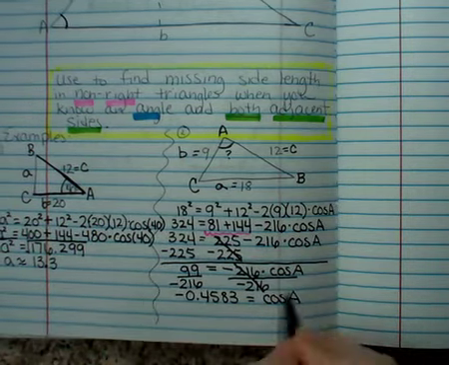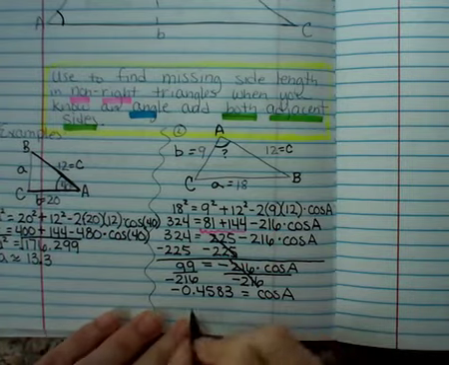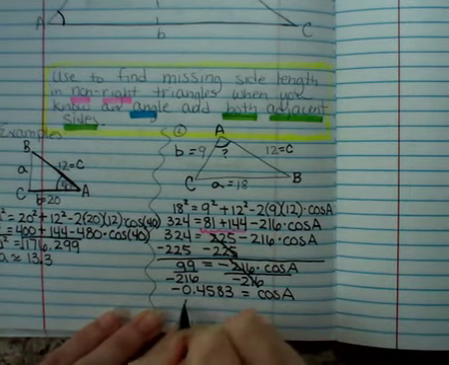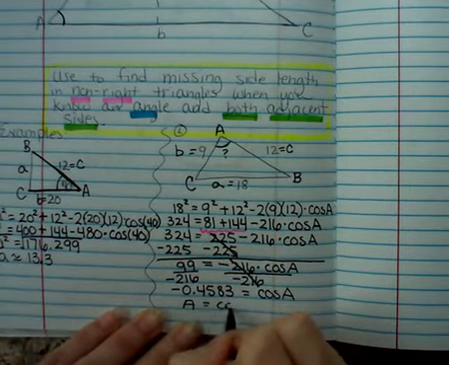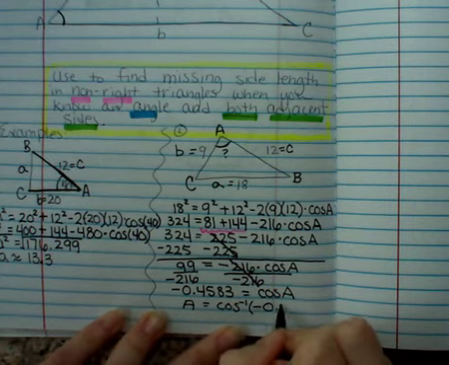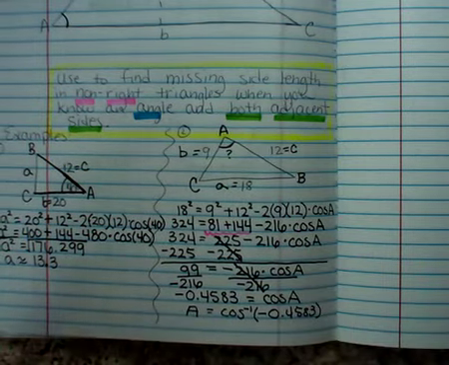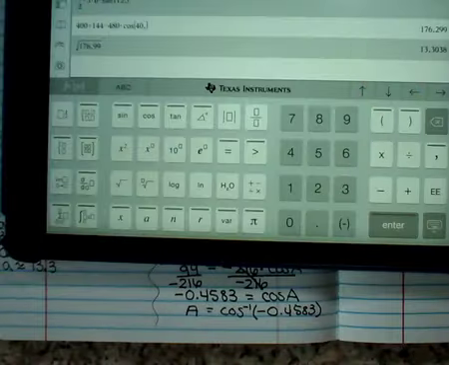So remember, at this point we're trying to find an angle, and remember that when we were looking for angles we had to use the inverse function. So in order to find what A equals, we will have to do the inverse cosine of negative 0.4583. And at this point, that's when we're going to go ahead and use our calculator and finish this off.